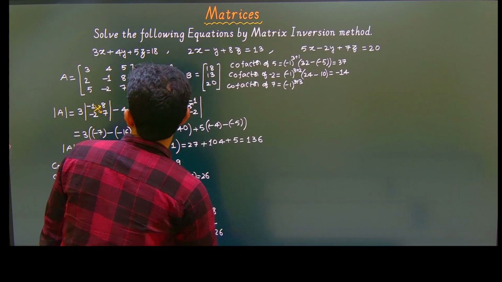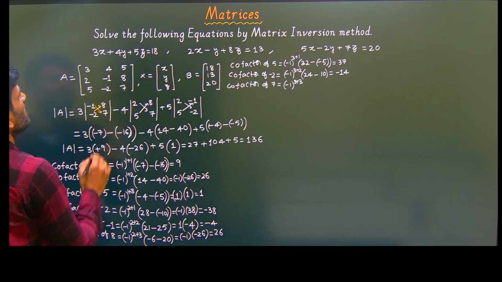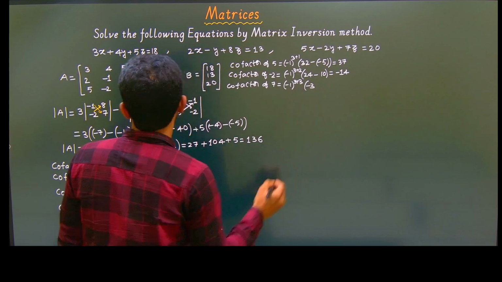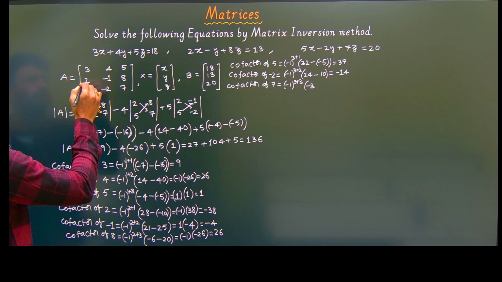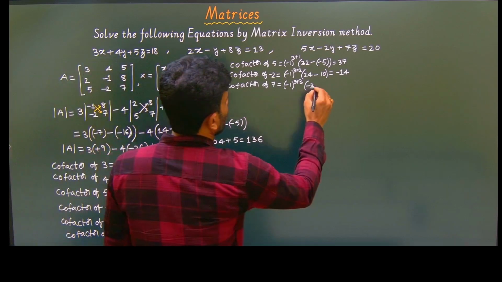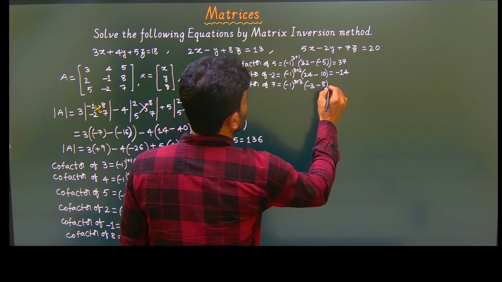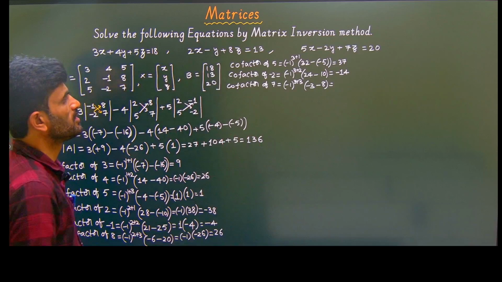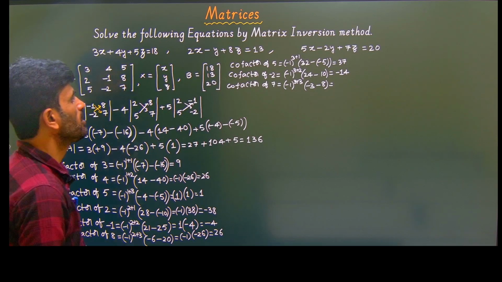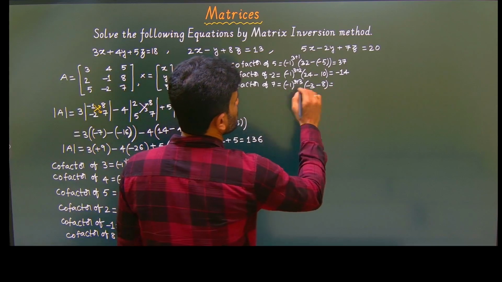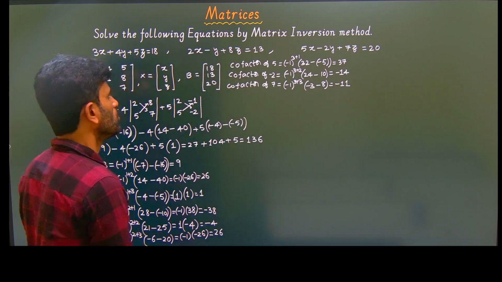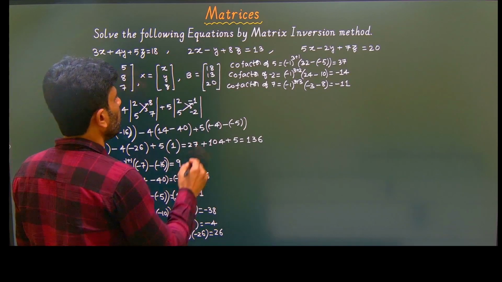So 3 into minus 1 is minus 3, 2 4s are 8, so minus 3 minus 8. Minus 1 whole to the power of 6 is 1, 1 into minus 3 minus 8 is minus 11, so 1 into minus 11 is minus 11. So like this we can find out all the cofactors of elements.